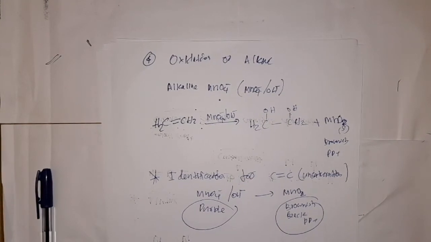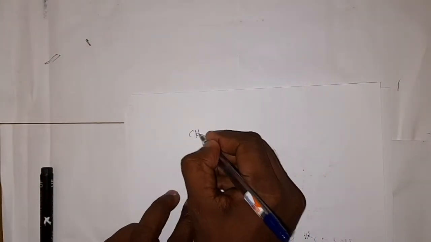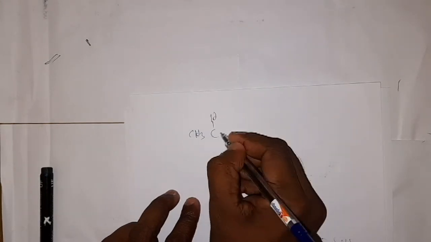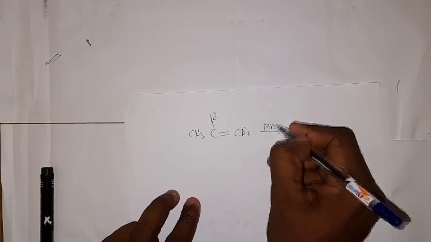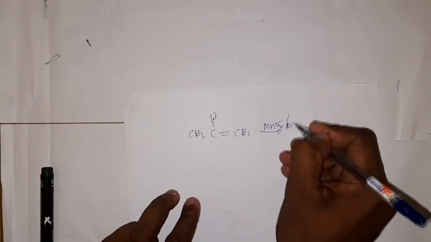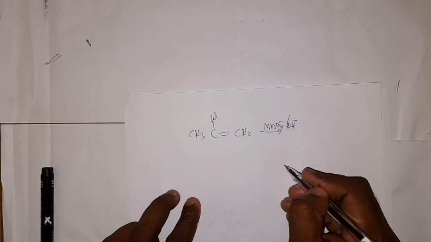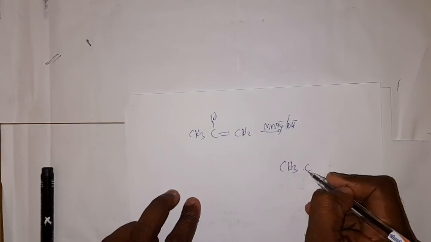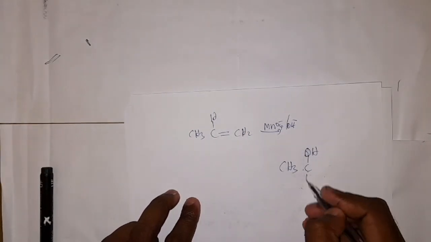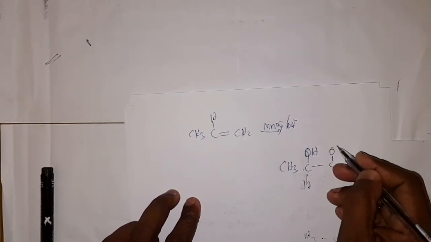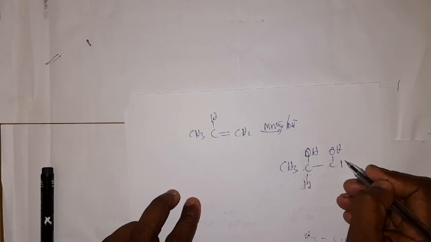In this reaction also you have to write some examples. Now think about this one. First example, CH3 CH double bond CH2 after addition of MnO4 minus OH, the result is CH3 C, and here OH will join and this hydrogen will remain here, and OH and H2.